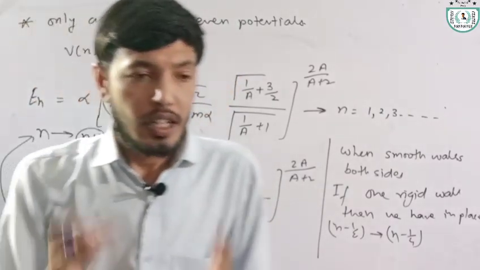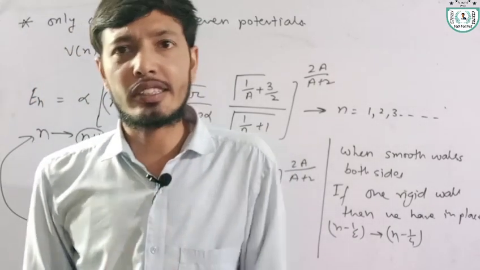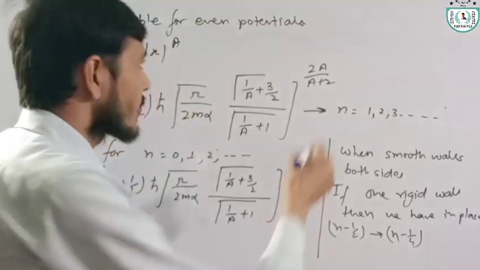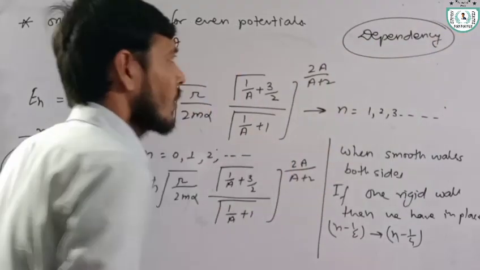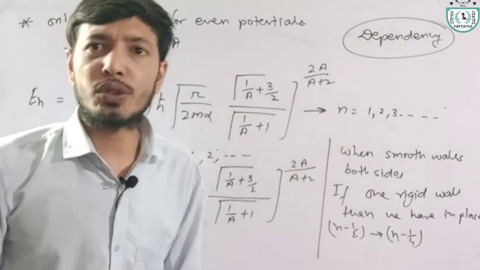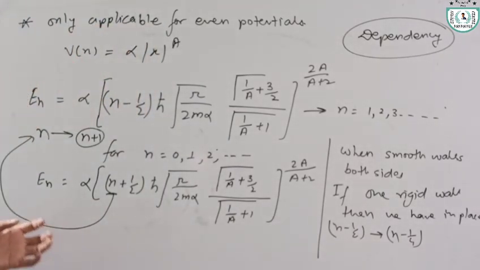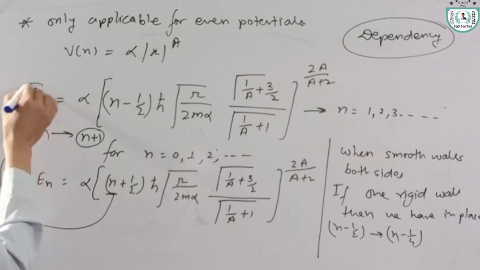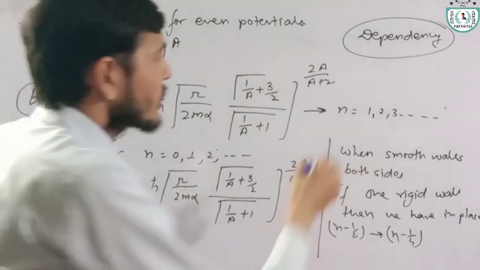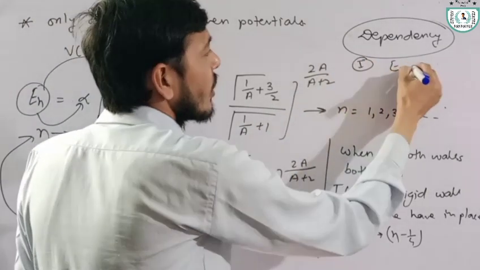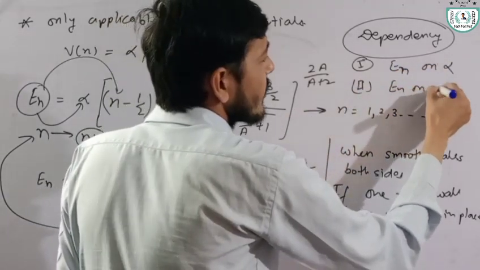After applying this trick, we have two types of dependency to check: the dependency of En on alpha, and the dependency of En on n.